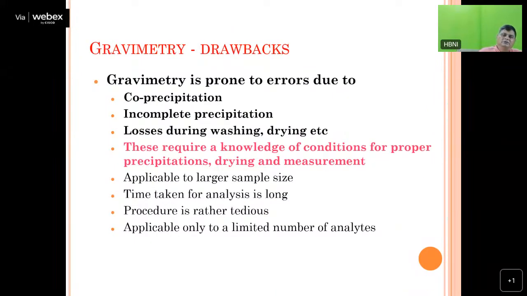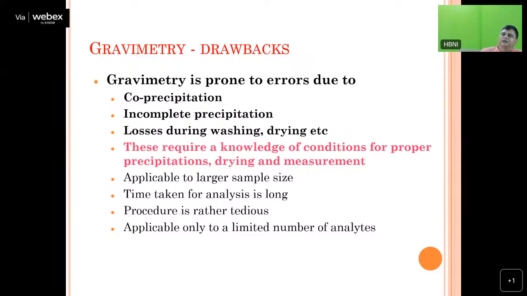So what are the drawbacks of gravimetric methods? Co-precipitation. We have seen in the last PowerPoint that so many ions will be co-precipitated when we are doing the precipitation. Co-precipitation means another element will be precipitated when the main element is precipitating. Sometimes there is incomplete precipitation of the element of interest.